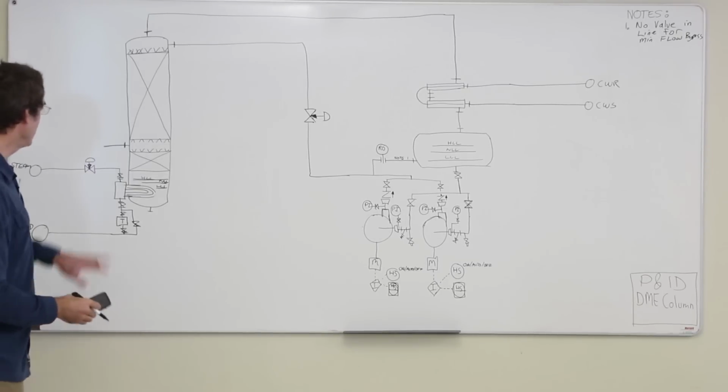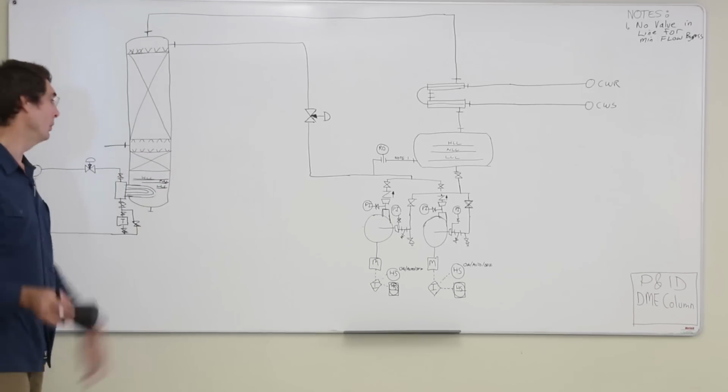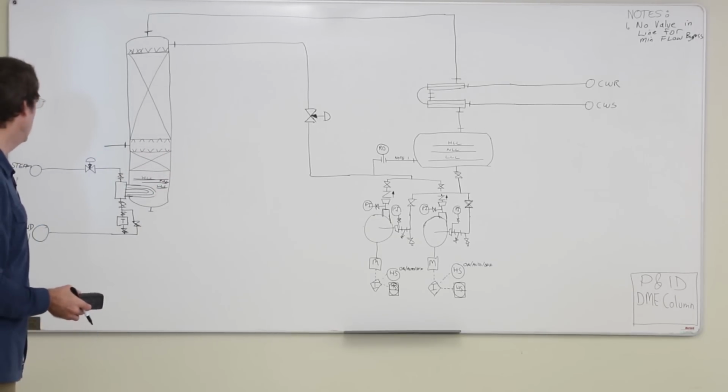So I've got two isolation valves around the steam trap and a bypass. That's just a standard thing. People always build steam trap stations like that.